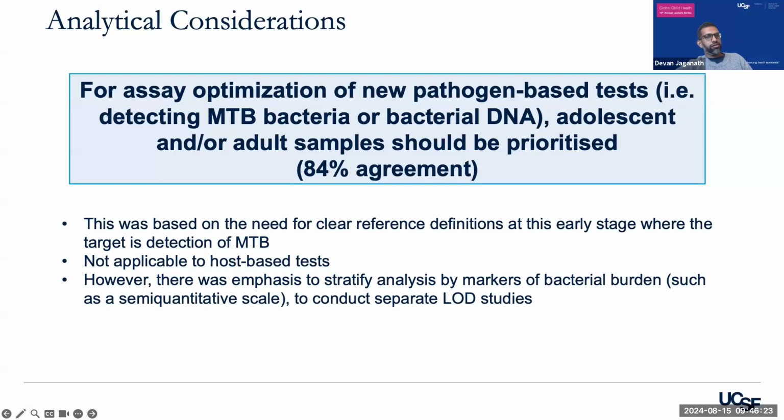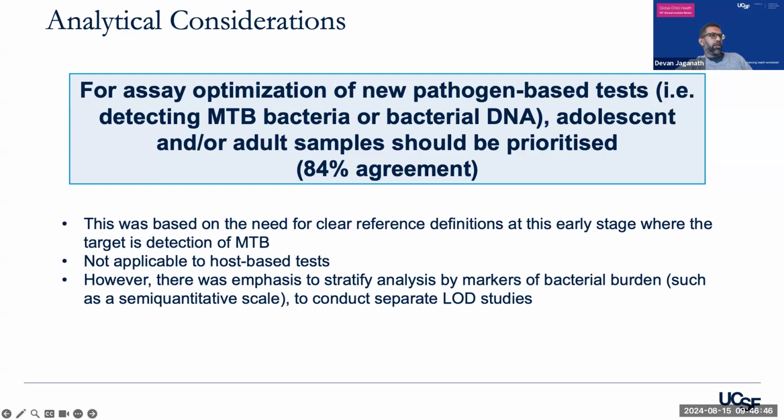We're just trying to detect the mycobacteria, and at the same time, they might have more samples and clear reference definitions. And so at this early optimization stage, for this type of test, it makes sense to utilize adolescents and adults. But again, that doesn't apply to host-based tests.